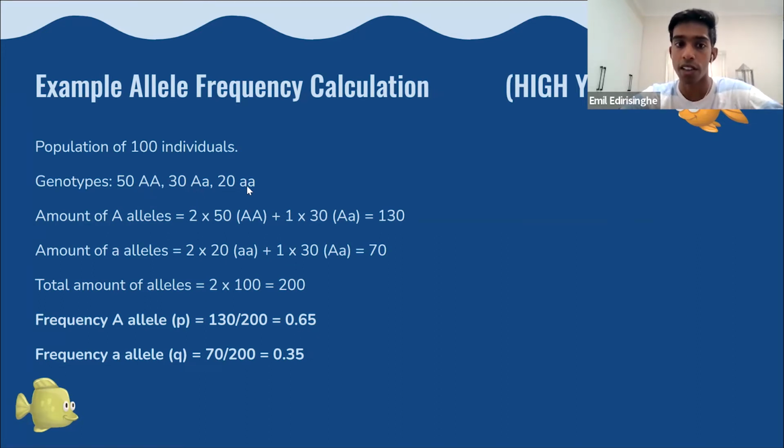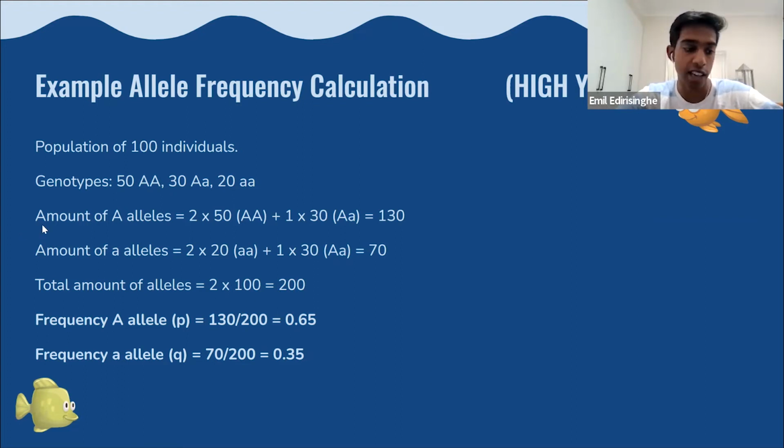then the way you calculate allele frequency is, the first thing you realize is that the total number of alleles is going to be 2 times 100, because for every individual there are 2 alleles at each gene locus, one big A being one allele and one little a being the other. So there are 200 alleles in total.